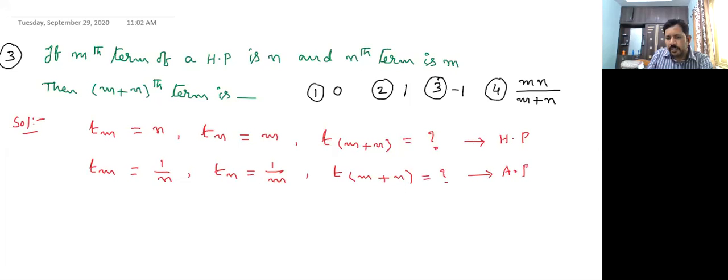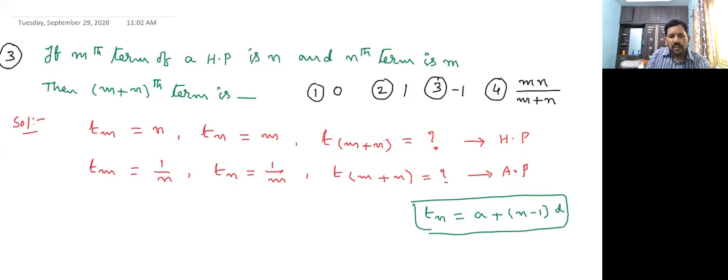AP series, HP series, both are reciprocals to each other. Reciprocal of AP is HP. Reciprocal of HP is AP. What is nth term in AP series formula? Tn is equal to a plus n minus 1 into d. This is nth term in AP series formula.